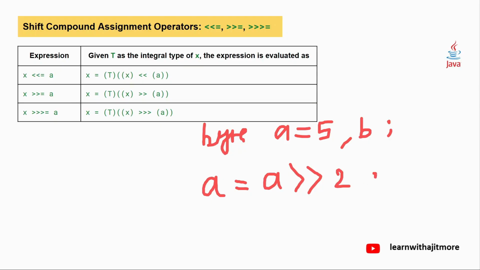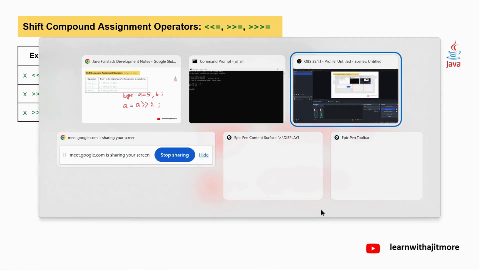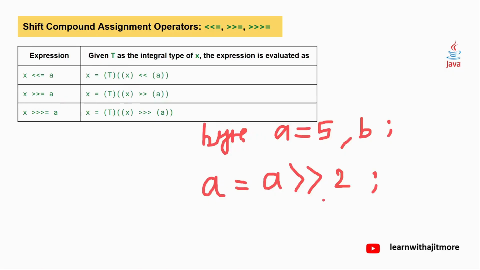Now, if I do like this, is it going to give an error? Just now, a few minutes back, we have discussed. Check what is going on. Will this give an error, guys?